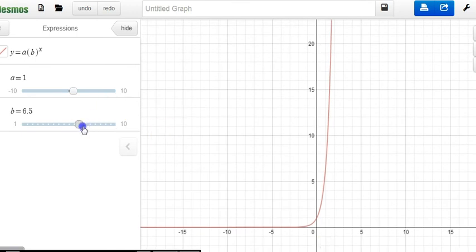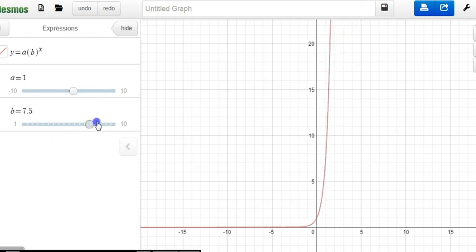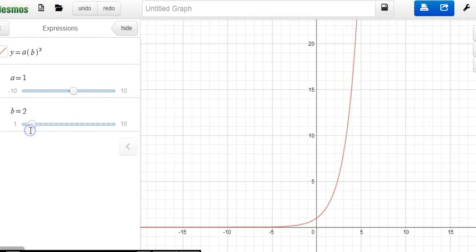Okay. So slide along. So this is getting bigger values of b. This is getting smaller values of b. So what's happening? What's not happening? Okay, so let's look at some characteristics, right? Like we did with polynomial function.